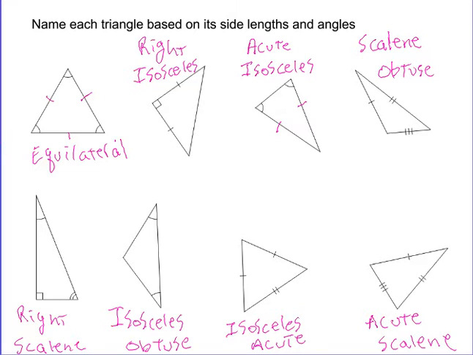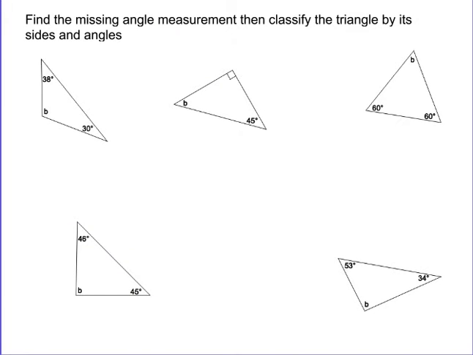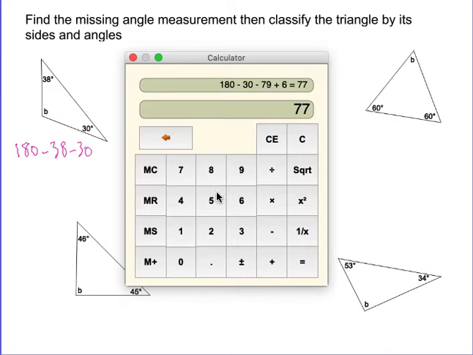All right. We also can find the missing value, and then once we know all three angles, we can classify the triangle. So for this first one, I do 180 minus 38 minus 30, and I type that straight into my calculator.